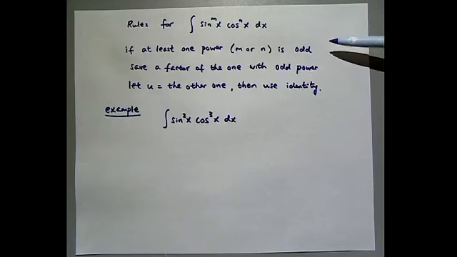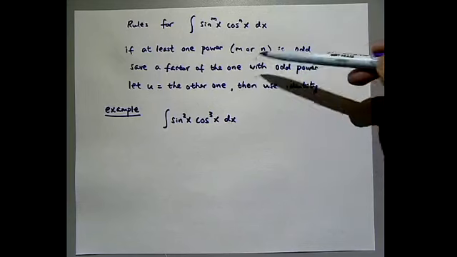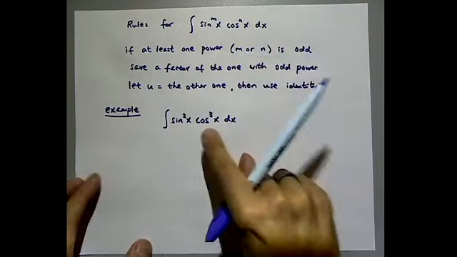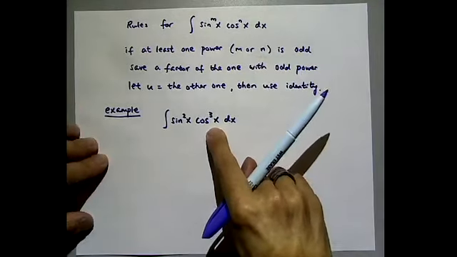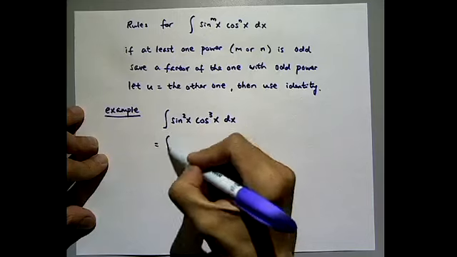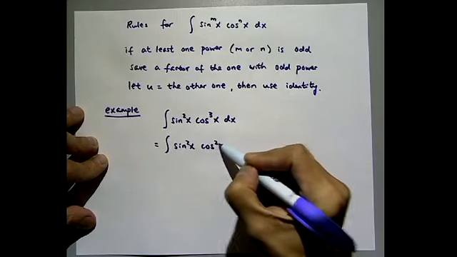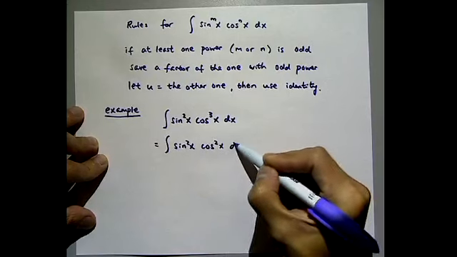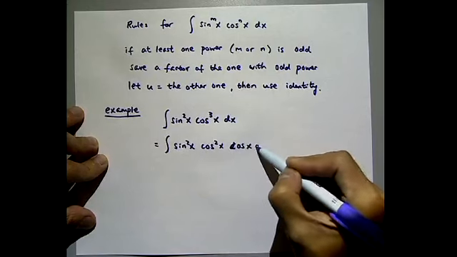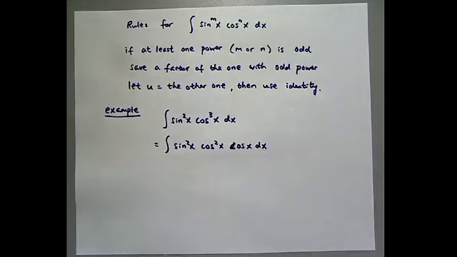The rule says if at least one of these is odd, save one factor of the one with the odd power. So cosine has an odd power. We want to save one factor of that. Let u be the other one. So in this case, sine, right?